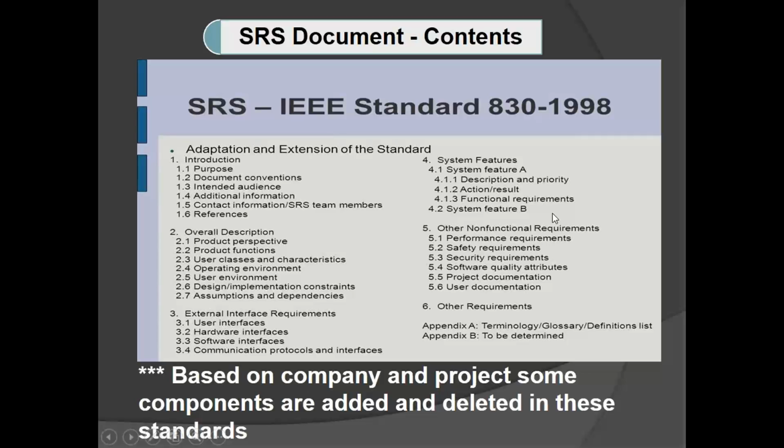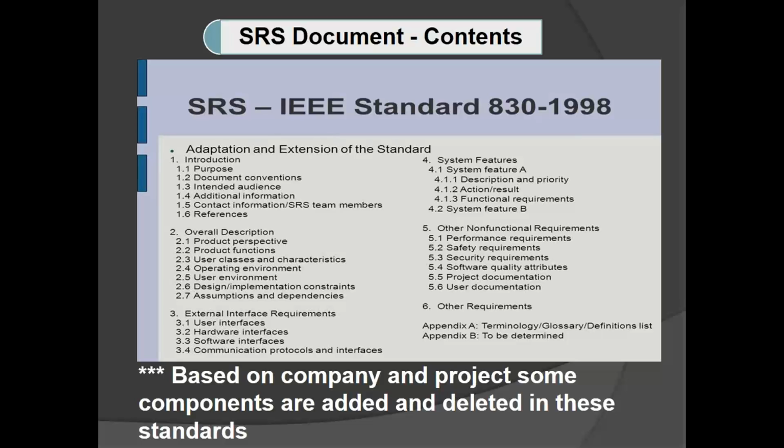But another BA may not maintain this format and may put everything as a section. So you will take the first section as introduction, the second section as purpose, the third section as document conventions, and you won't write subsections. At that time, you may get nearly 25 to 30 sections.